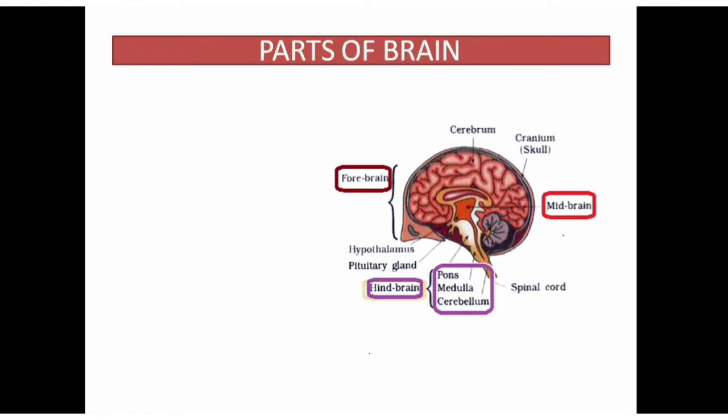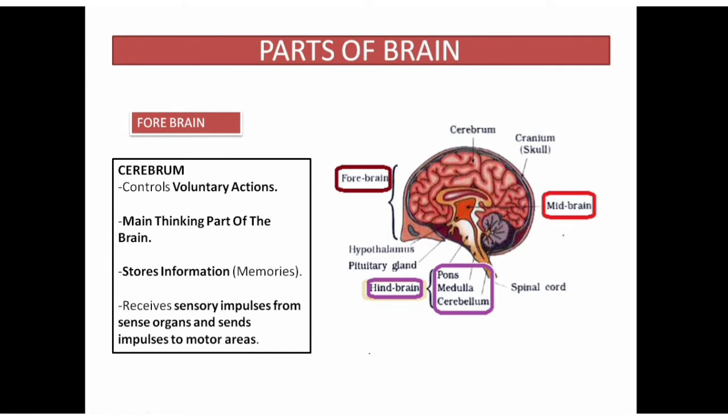Okay, now parts of the brain. The first part of the brain is the forebrain. You can see I've given the colors very similar to the parts. I'll just explain it to you. The forebrain consists of the cerebrum. Cerebrum is the main part of the forebrain.